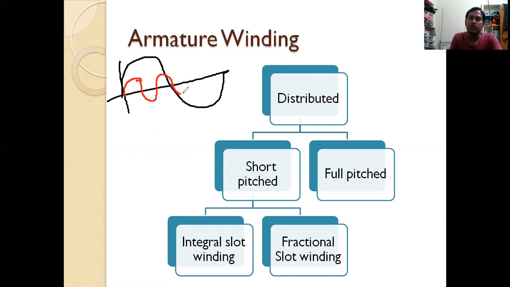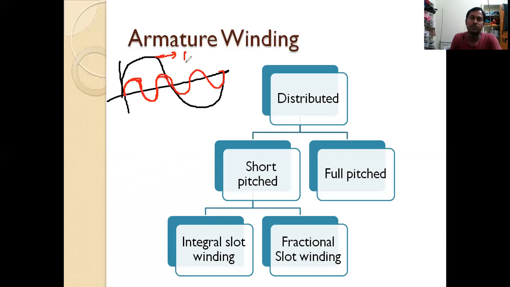Look at this: harmonics are, for example, this red waveform, where against one half cycle of the actual sinusoidal waveform, three half cycles are there.